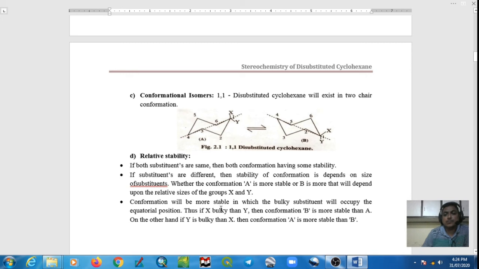The conformer will be more stable when the bulky group occupies the equatorial position. Let us consider this case. If x is bulky, then conformer B is more stable because a bulkier group at the equatorial position is always more stable. On the other hand, if y is bulky, then conformer A is more stable than B.